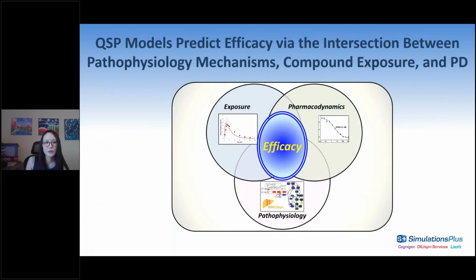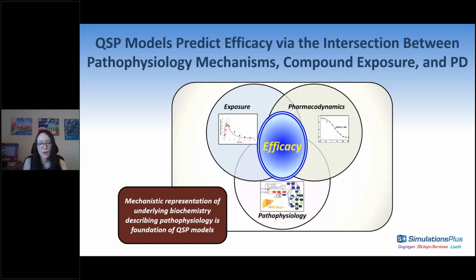When it comes to QSP, it integrates the known pathophysiology and drug-specific exposure and pharmacodynamics to predict efficacy. A mechanistic mathematical representation of the underlying biochemistry describing pathophysiology is the key foundation of QSP models.